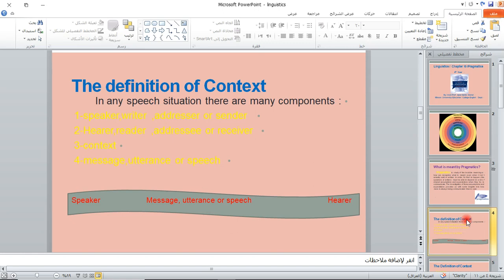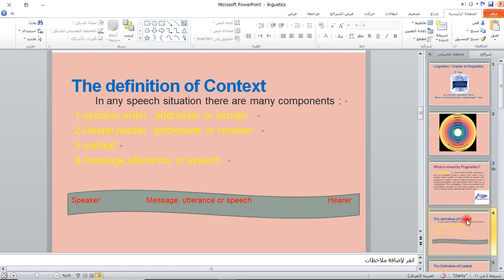Another topic of pragmatics is context. Context means السياق. In any speech situation, meaning الموقف الكلامي, there are many components عناصر. 1.